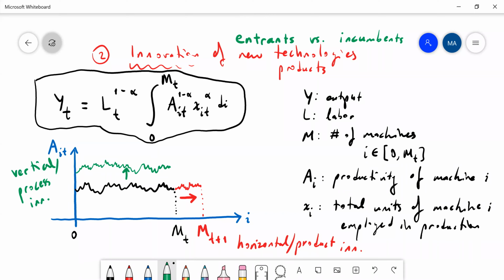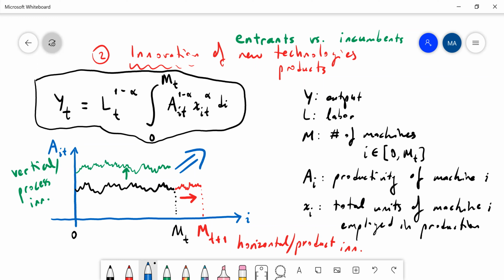So in time, what happens? In time, technology progresses in this dimension, right? On the horizontal dimension, there are new firms, new machines, new intermediate inputs invented and developed by entrepreneurs. Then on the vertical dimension, there are always better versions of existing products, higher productivity versions. So technological progress through innovation has this particular two-dimensional setup.